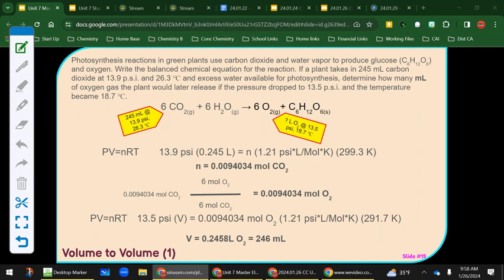Please remember, show your work, show your final answer in sig figs with the proper unit.